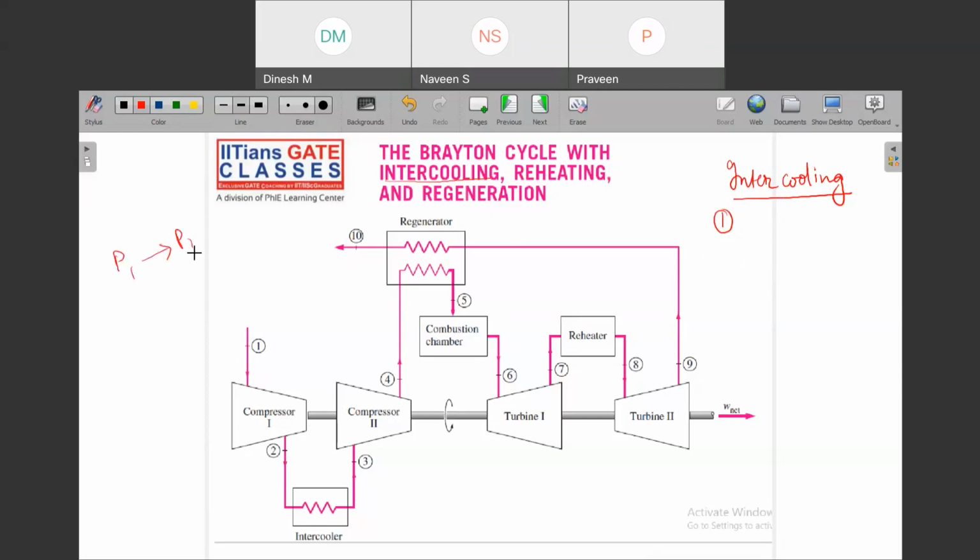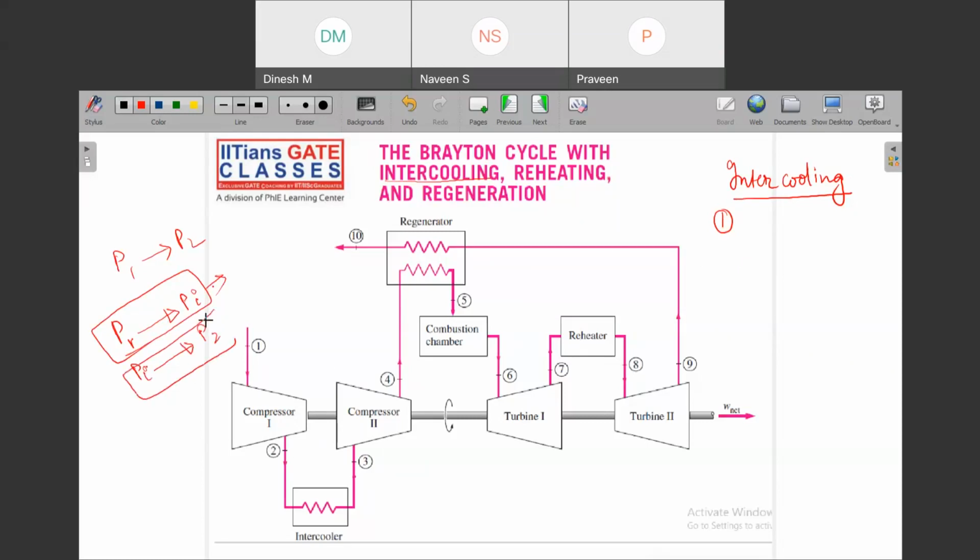You will not compress that in one go, but you will compress it to some intermediate pressure, let us say Pi, then you will cool it, and then you will again compress from Pi to P2. Got the idea?